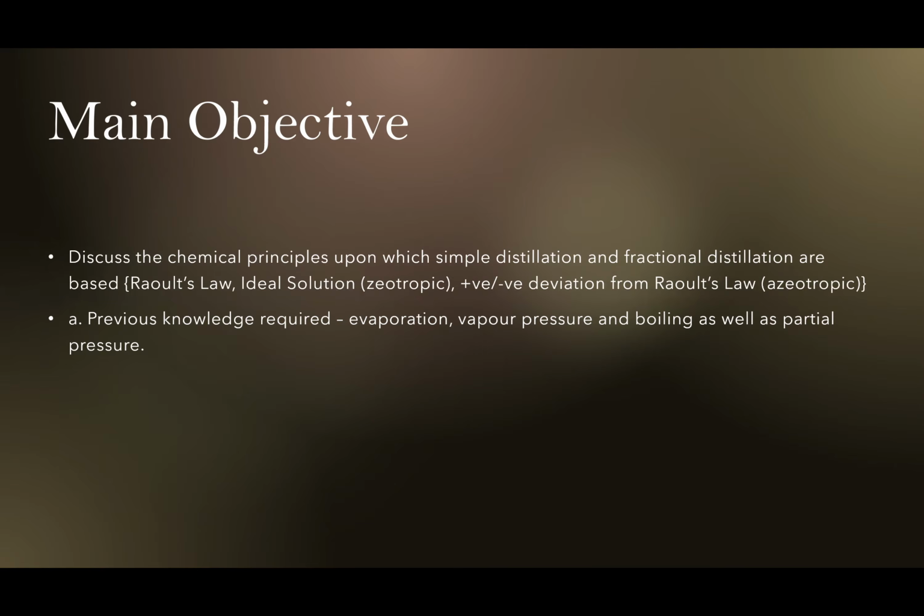Okay, we know what vapor pressure is. Do we know what vapor pressure is? What is it? So, I mentioned it earlier when I said that it's basically the pressure exerted by a vapor.